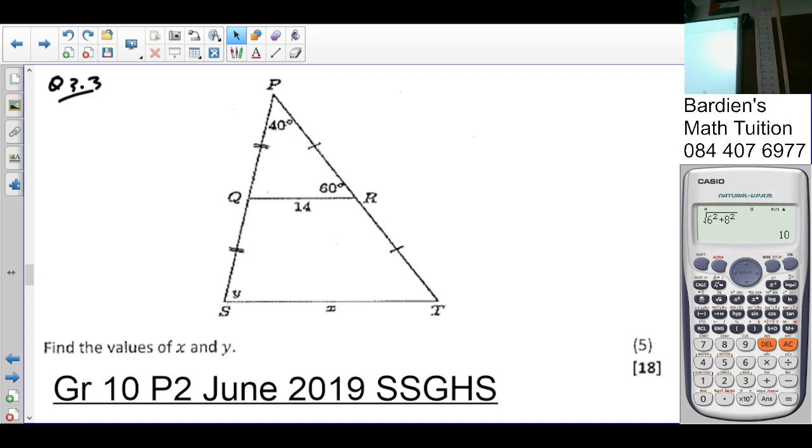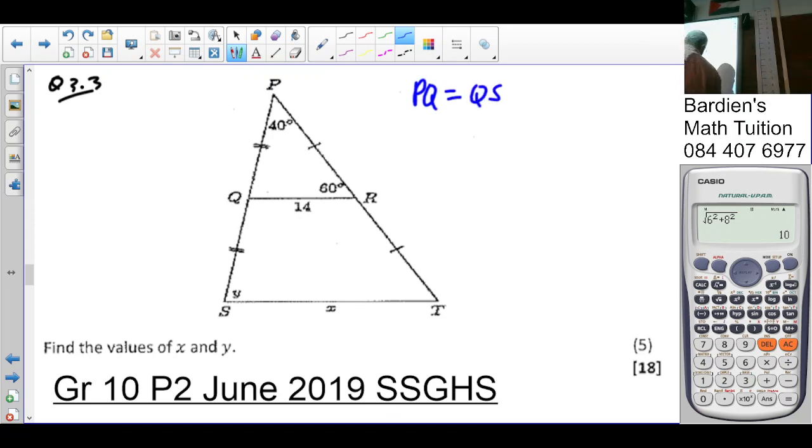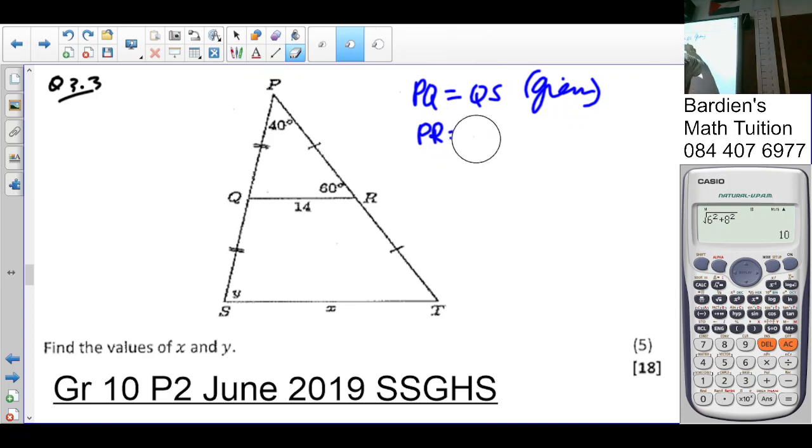I can't get the theorem exactly into words in my head here. But we know that PQ is equal to QS. Why? It was given to us, at midpoint. Then PR is equal to RT.